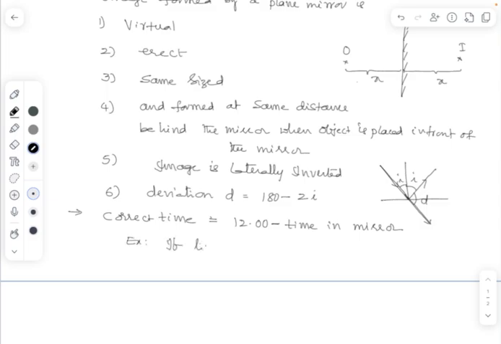If time in mirror is 8:30, correct time equal to 12:00 minus 8:30 equal to 3:30.